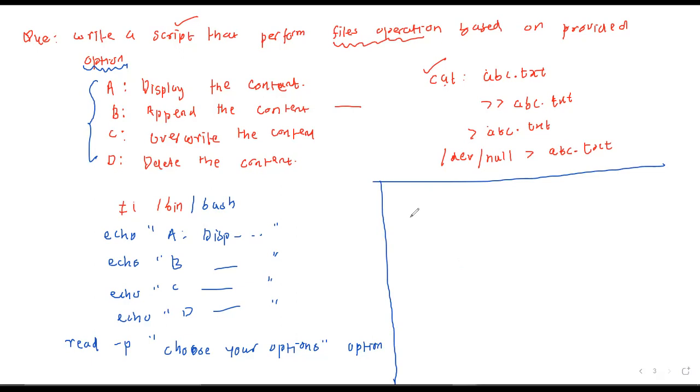Now we start our case statement. Then we write a variable. Here the variable is option. So in the case of this variable option, and what is option? Either A, either B, either C, or D. Then the default action after the asterisk.